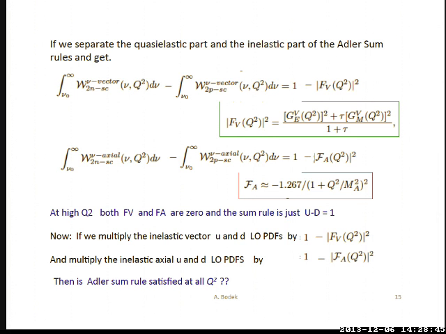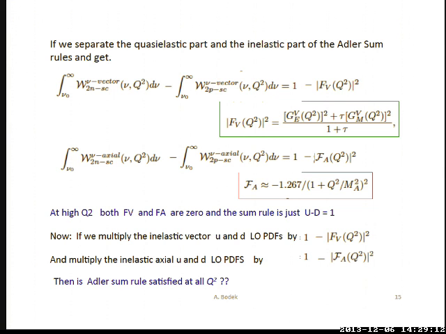The axial part of the sum rule is W2 neutron minus proton equal to 1 minus FA square. At high Q square, this is 0 because Q square is very large, so you get 1. Similarly, at high Q square the form factor is very small. But at low Q square, you get minus 1.2767 square. So that's some problem at Q square equal to 0.